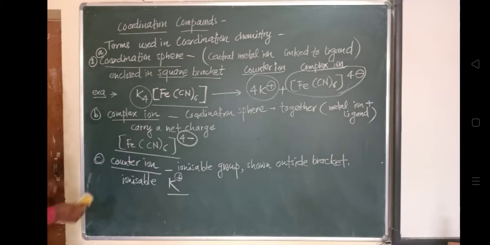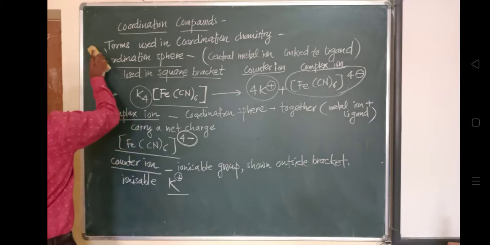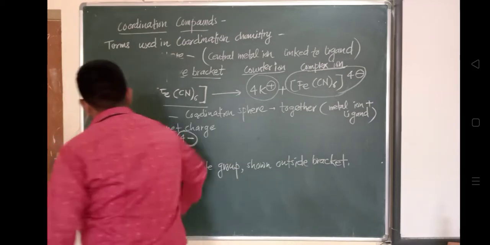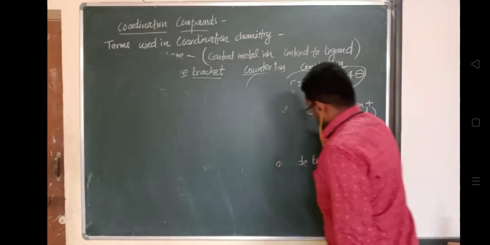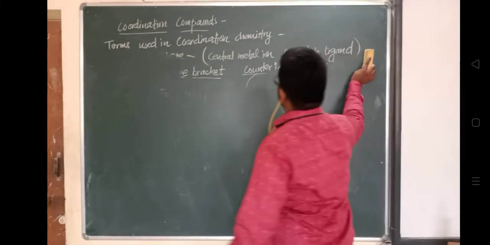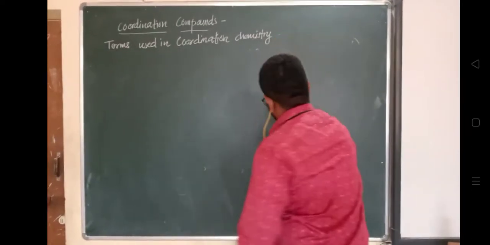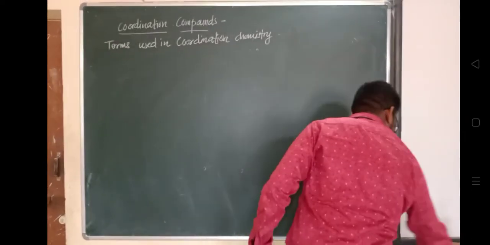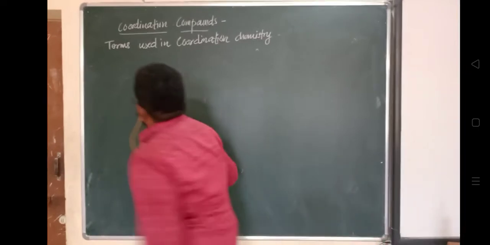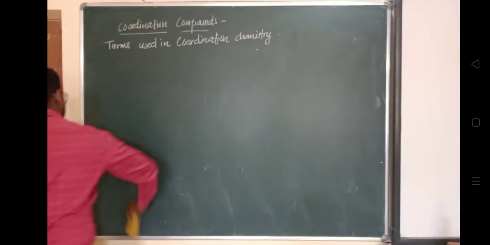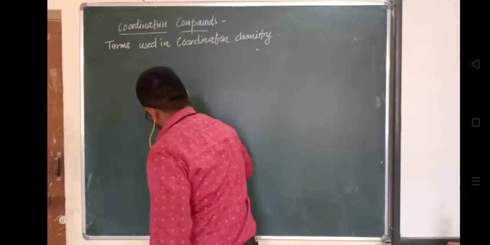First, coordination sphere is completed. In that coordination sphere, we have seen two parts: one is complex ion and one is a counter ion. So which one is a complex ion? Complex ion is a coordination sphere with the charge, and the counter ion is an ionizable group which is not present in the bracket. Square bracket के बाहर में जो है उसको बोलते हैं counter ion. Second one is the charge number.